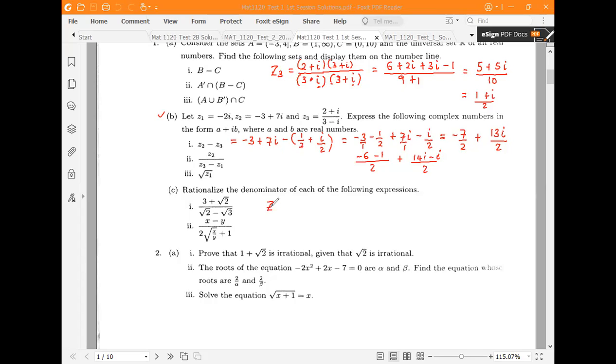So let's start with Z3 minus Z1. We have found Z3 as 1 over 2 plus i over 2, minus Z1. Z1 is minus 2i.